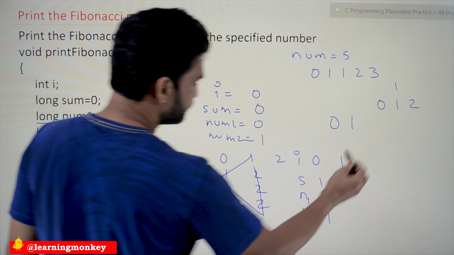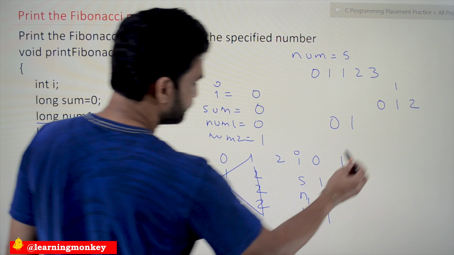In the third iteration, where the value of i is equal to 2, n1 will get printed, so 1 will get printed. See, now we are on the right path. We'll check the remaining values also. Sum is equal to n1 plus n2, it is 3, n1 is equal to n2, and n2 is equal to sum.